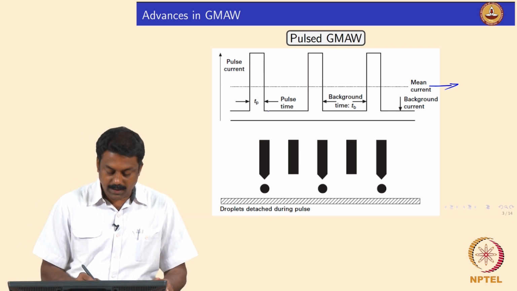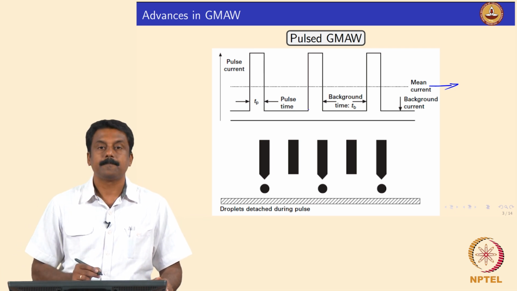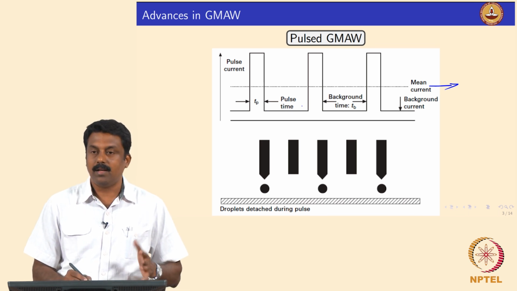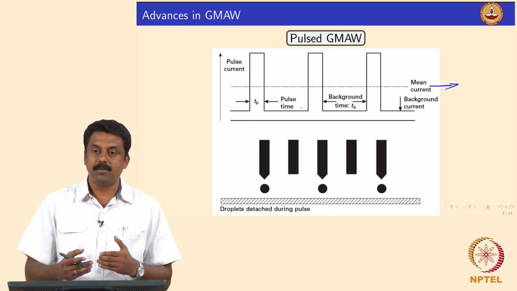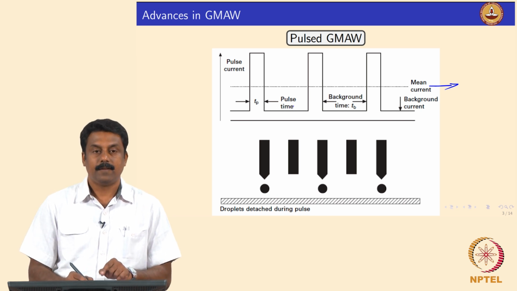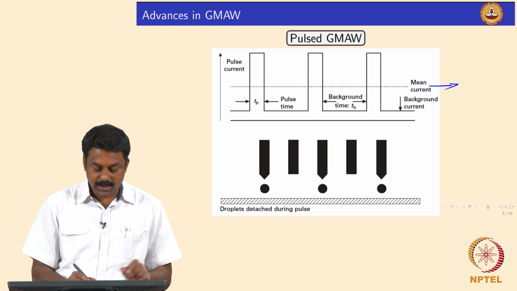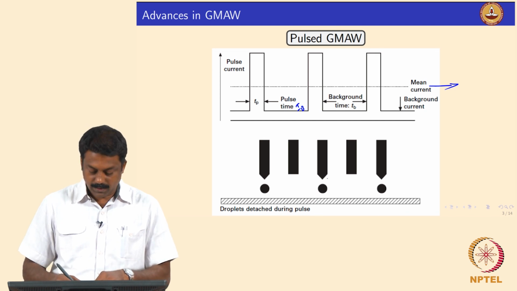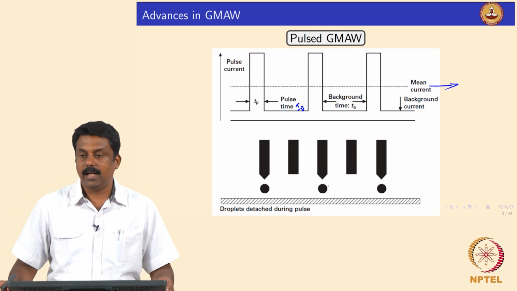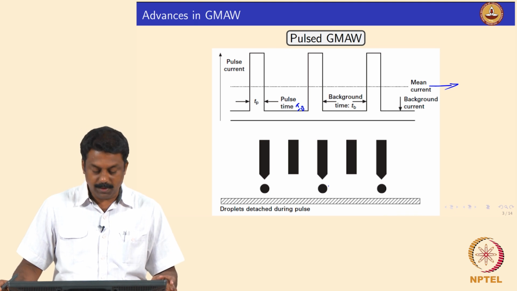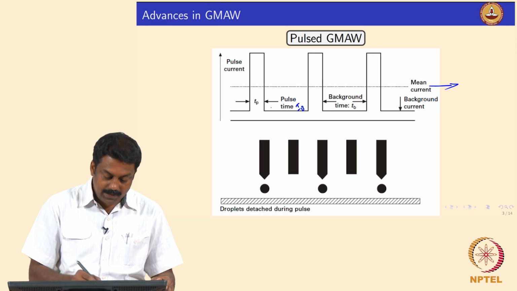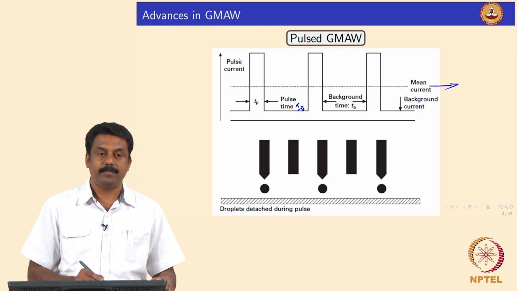And then we maintain a background current during this process, and in this case we maintain a very small arc, make sure that the arc is there, otherwise you will have to apply a high frequency ignition, okay. So we maintain an IB in such a way that the arc is stable, and then subsequently we can do another pulse and achieve subsequent droplet transfers, okay.